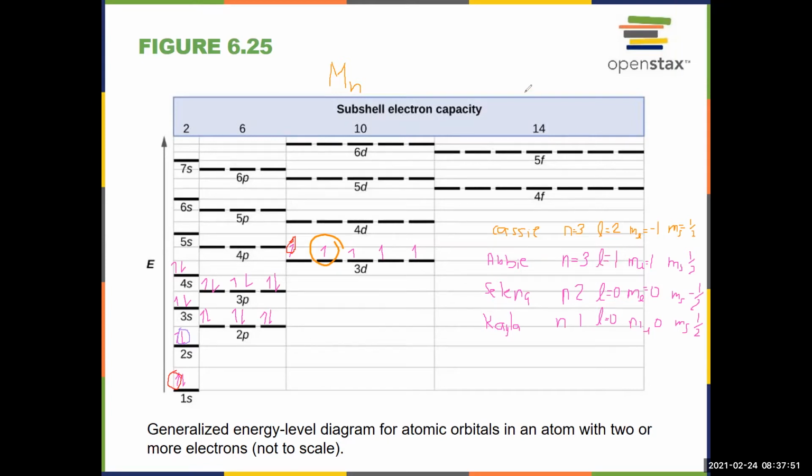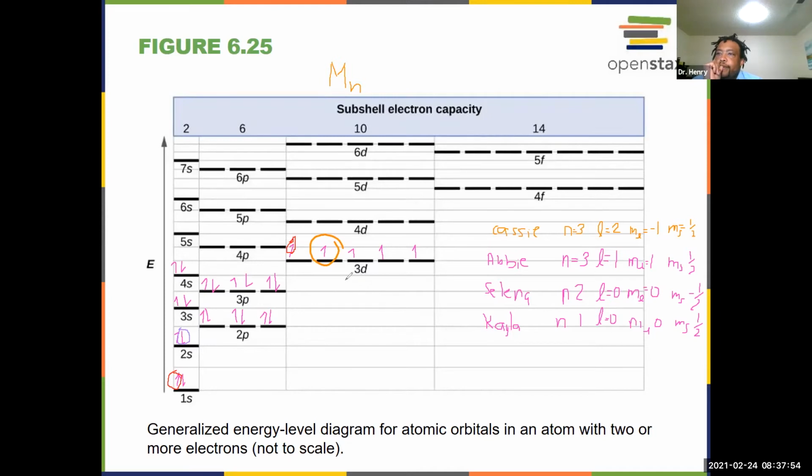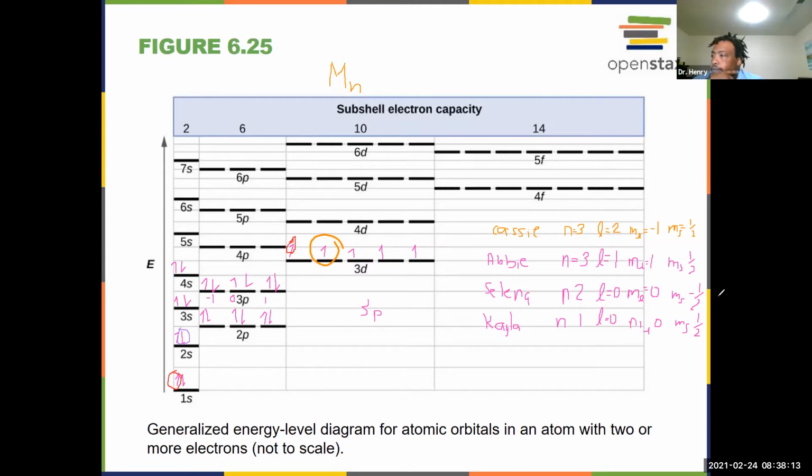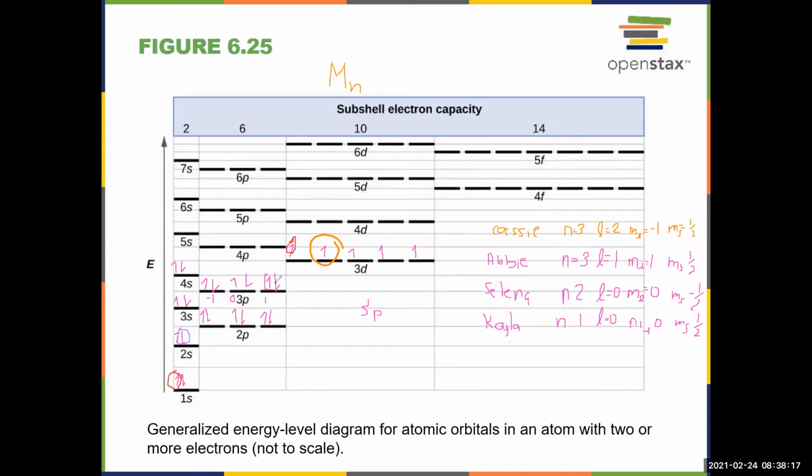What does l = 1 represent? P. So it would be 3p, and ml = 1. This is -1, this is 0, and then this is 1. And it's also a positive value. So it would be that one.